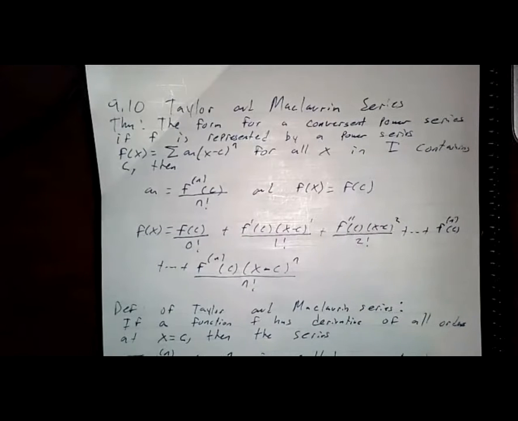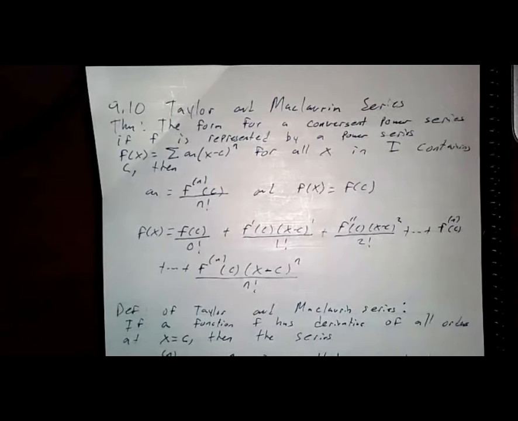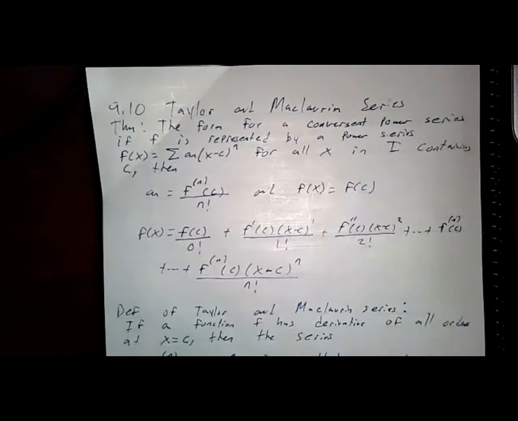If c equals 0, then you have a Maclaurin series. So basically it's the same thing, it's just that Maclaurin is specific.